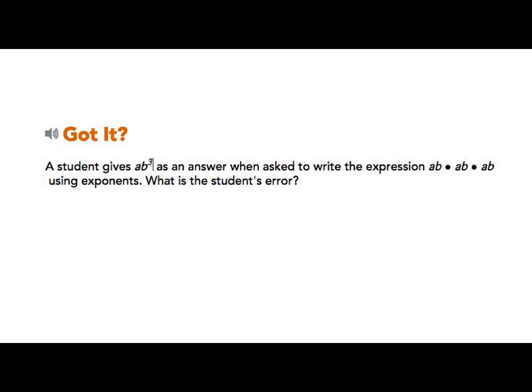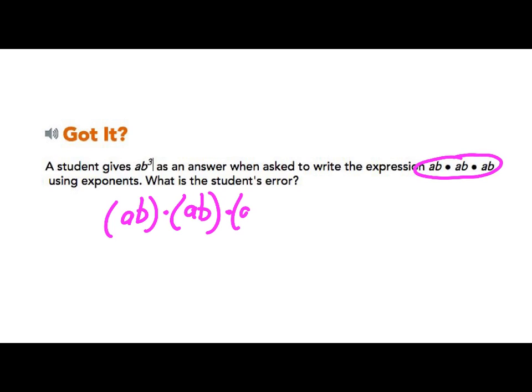Now, if I want to write the correct version of this, where they're given this over here, what is it you're multiplying 3 times? Well, I'm multiplying the two variables, multiply it together, A times B times A times B times A times B equals, well, what's the base?